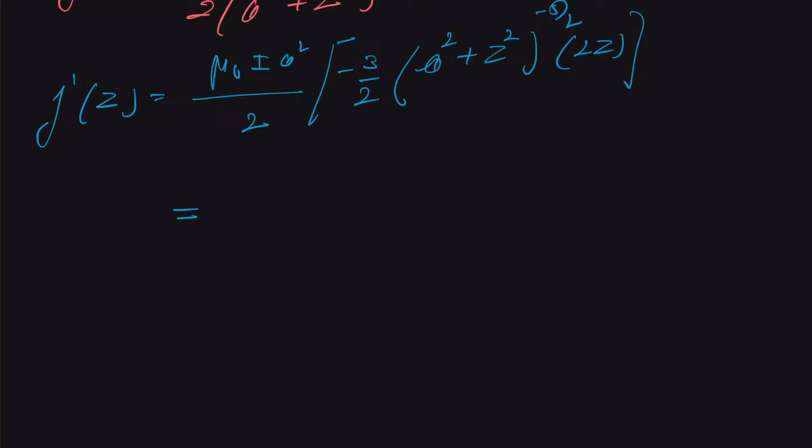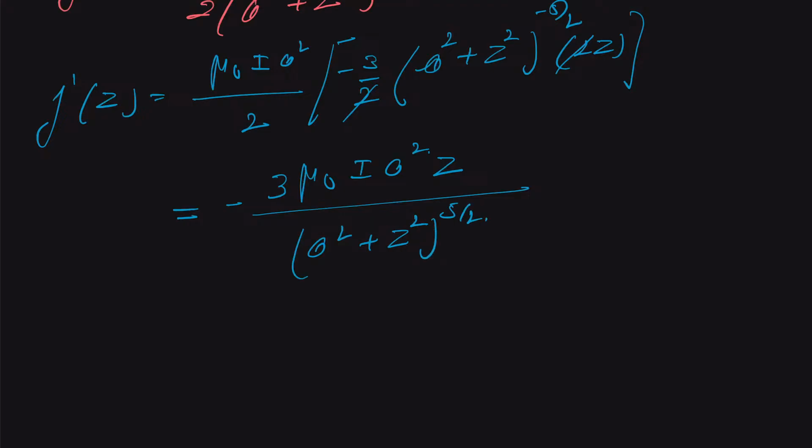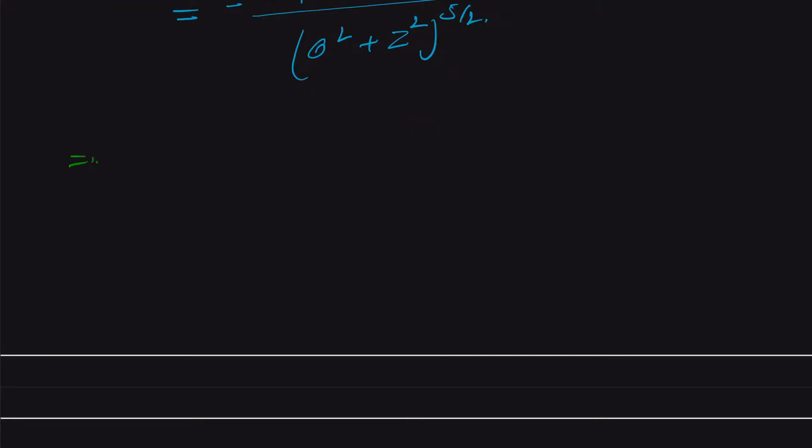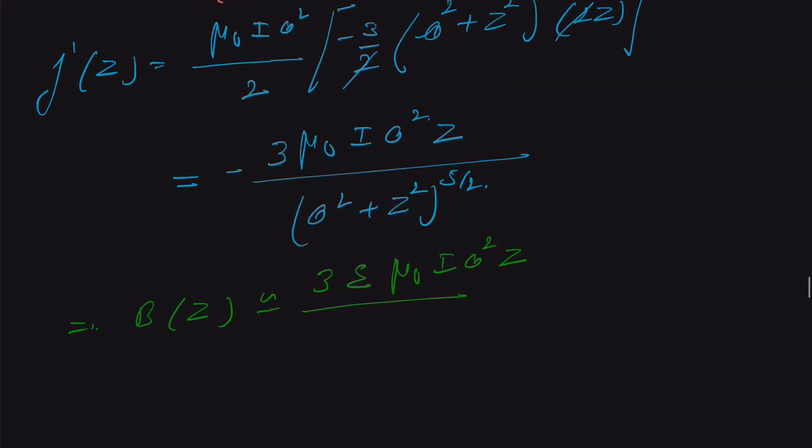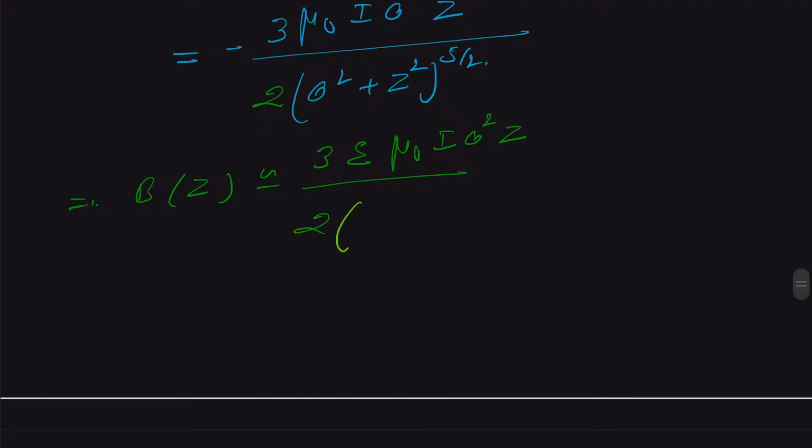This gives us minus μ₀Ia², and this 2 cancels with this 2, and we are left with minus 3z over (a² + z²)^(5/2). Therefore, the magnetic field will be approximately equal to 3εμ₀Ia²z divided by 2(a² + z²)^(5/2). I missed out the 2, so this will be 2.